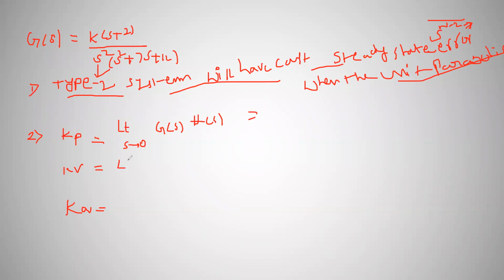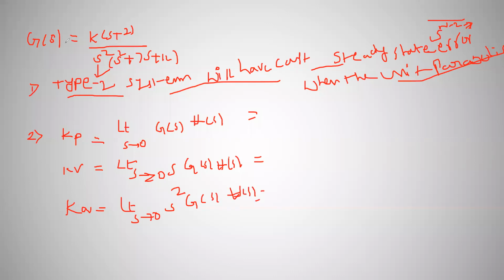What is velocity error constant? Limit s tends to 0, s G of S, H of S. What is acceleration? Limit S tends to 0, S square, G of S, H of S.